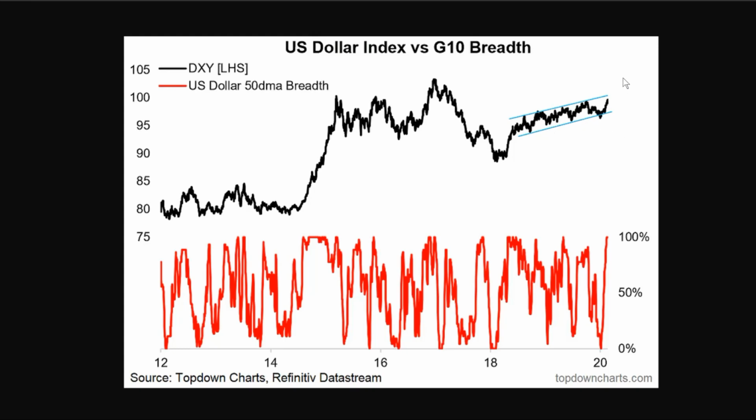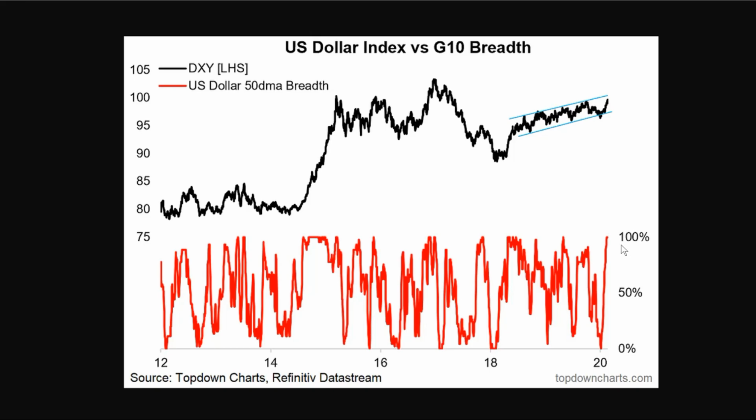In hindsight, that's turned out to be a false breakdown, and it's often the case that after a false breakout or a false breakdown, the subsequent move tends to be quite swift. That's basically what we've seen here, and it's now tracking up close towards the top end of that uptrend channel, which is going to be a key test in my view.